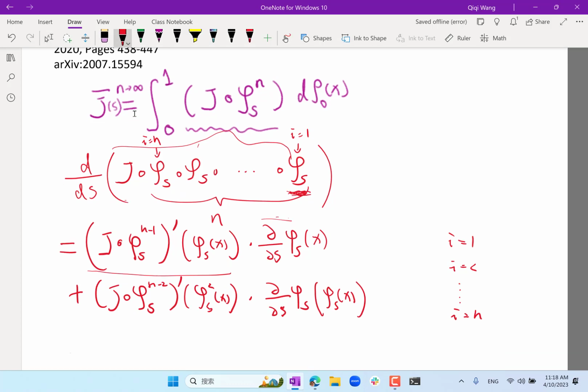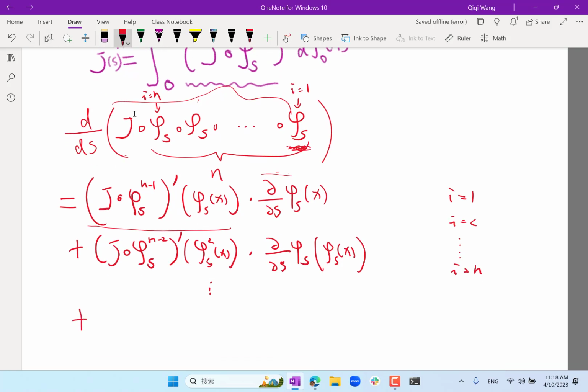Okay, so this is basically looking at the perturbation due to the last vs depending on s and the second last vs depending on s, and etc. It goes all the way to the last one. The last one is basically perturbing the last vs, right?